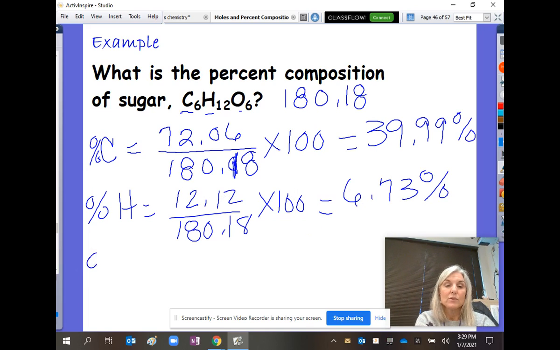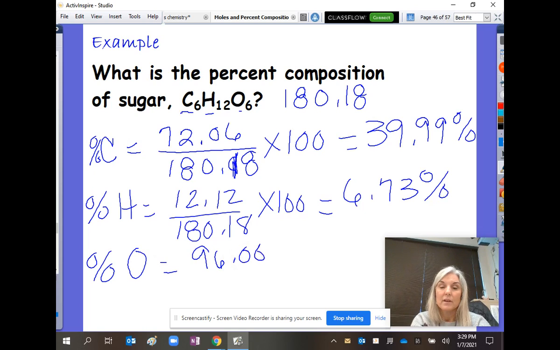And then our last one is oxygen. And oxygen, there are 6 of them. Oxygen has a molar mass of 16. So 6 times 16 is 96 over the total molar mass of the compound times 100.